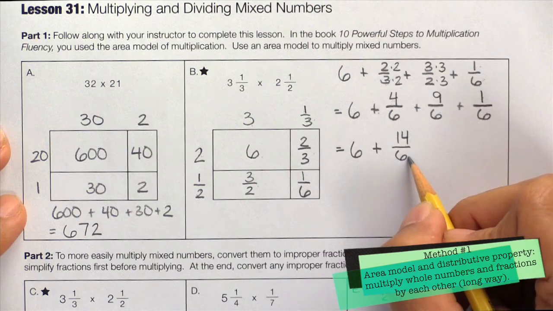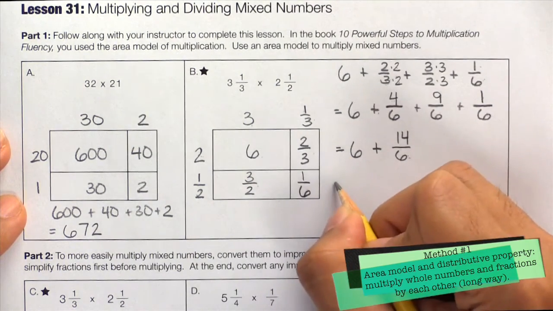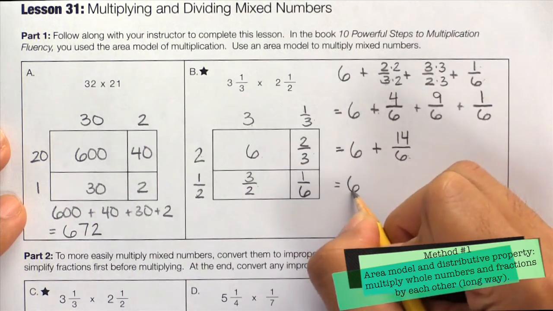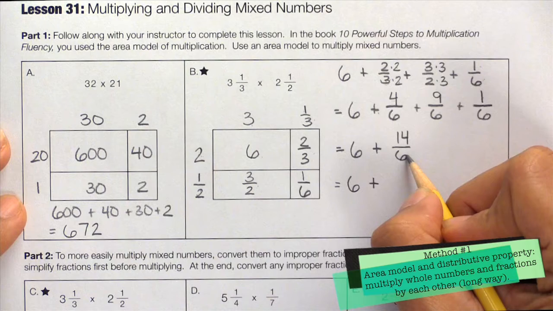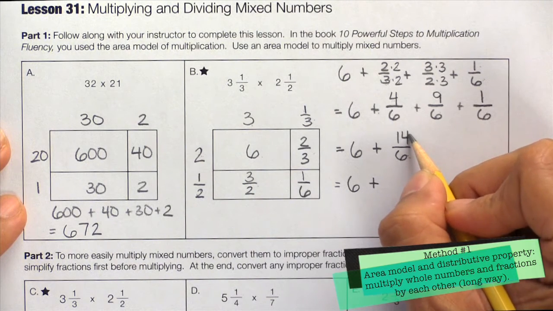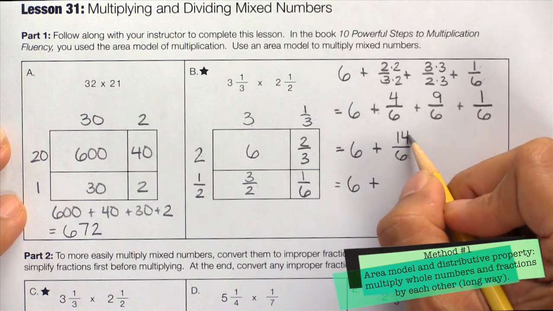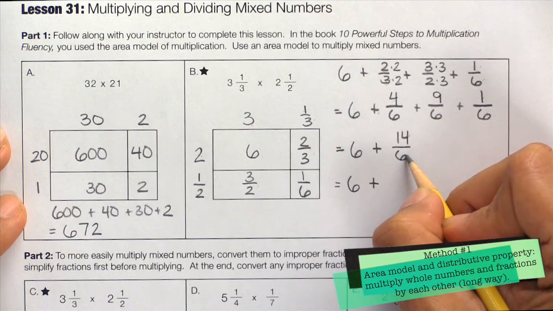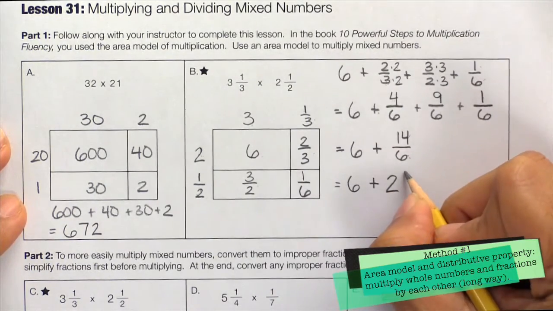Now we have an improper fraction, so let's convert this to a mixed number. Go to the next line, write down 6 plus 14/6. Can we divide 14 by 6 evenly? No, so count backwards. 13 divided by 6? No. 12 divided by 6? Yes, that gives us 2. And what's left over?